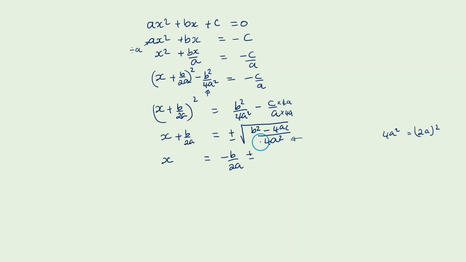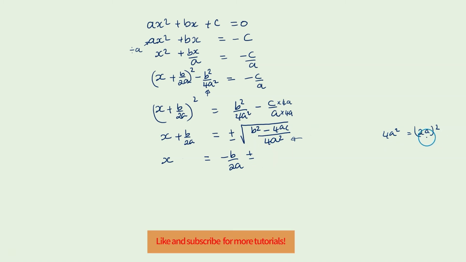Because it's in the root, I can take that out and just have 2a. So the square root of 4a squared is equal to 2a. So now I can write this part as the square root of b squared minus 4ac, divided by 2a.